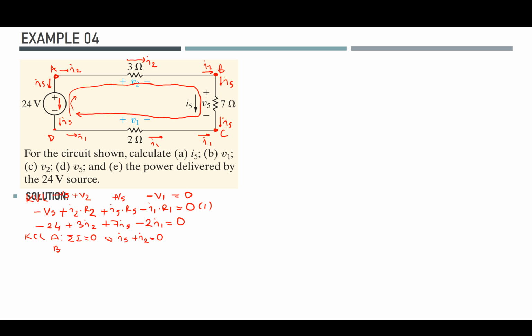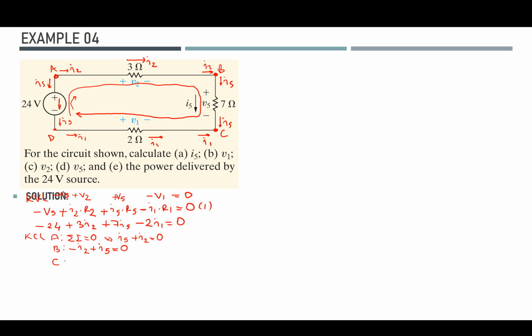And at B, the same rule applies. Since the current is entering node B, it will have a negative sign, by definition. Minus I2, and I5 is leaving, plus I5 should be 0.